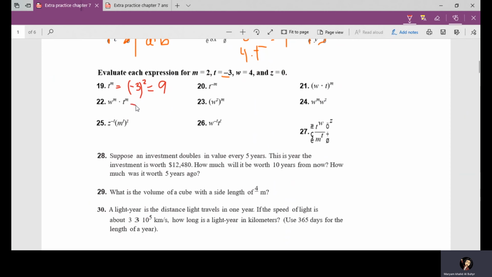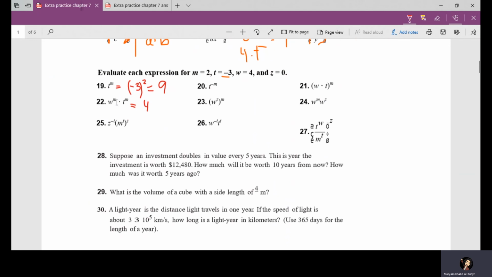Now this one, I don't have anything to simplify with. I should not confuse. The bases are different, so I should not simplify them directly. So it's given w, which is 4. Here, I'm 100% sure you are all excellent with this part. I just want you to notice that the order of operations is very important.